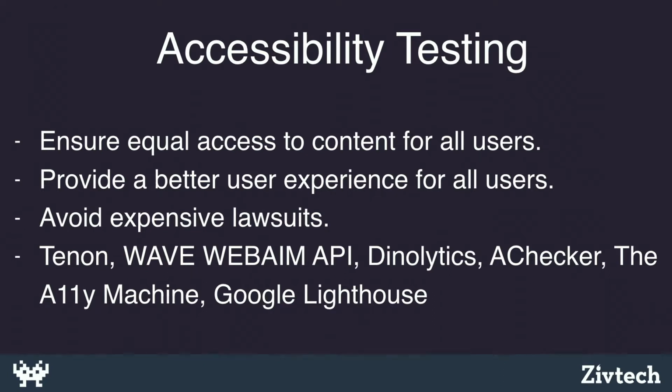A-Checker is a tool that you can use. A nice one that you can use on the CLI side, on your local machine or wherever you do your testing, is the A11Y machine. It's the accessibility machine.